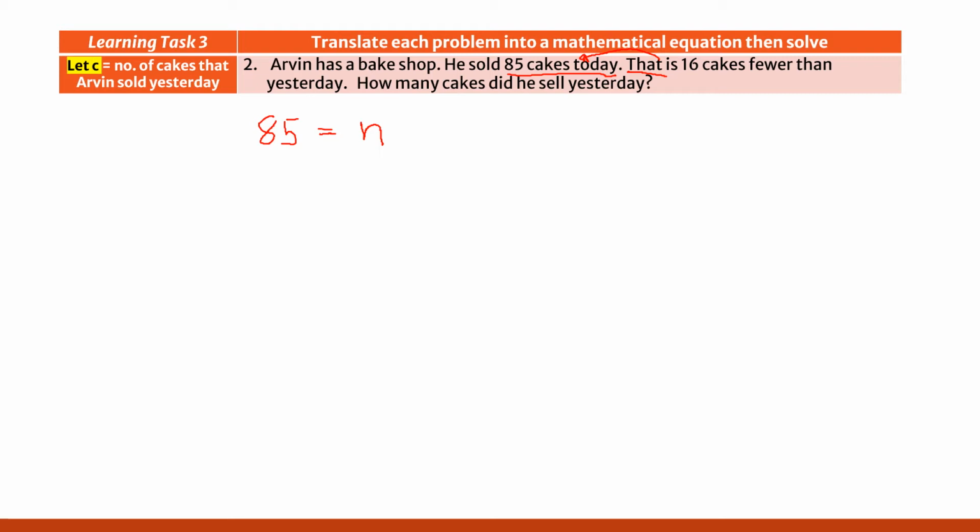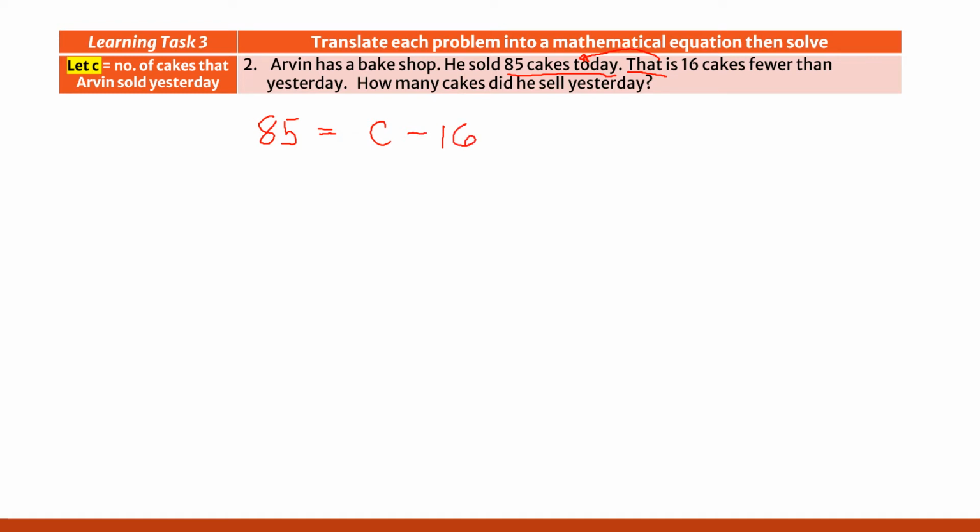Kaya naman instead of simply it's letter C, right? Kasi we let C nga pala, okay? So that is C. Now, hindi po pwedeng silang kasi that is, 85 is 16 fewer than yesterday. So, kung pareha sila, ay di dapat ito merong minus 16. Kasi nga, 16 fewer. Okay?